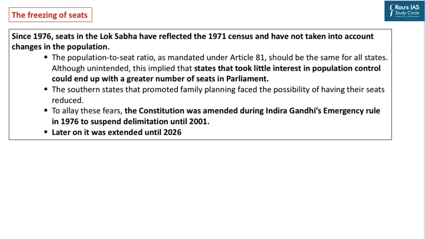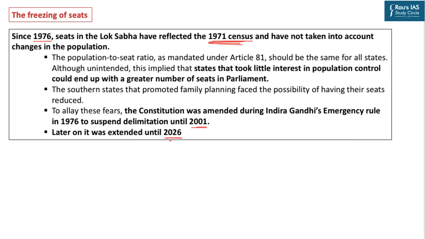The population considered for the reservation of seats to parliament is as per the 1971 census. It was frozen in 1976 by the 42nd Constitutional Amendment, but it was frozen till 2001. Later, this was extended to 2026.